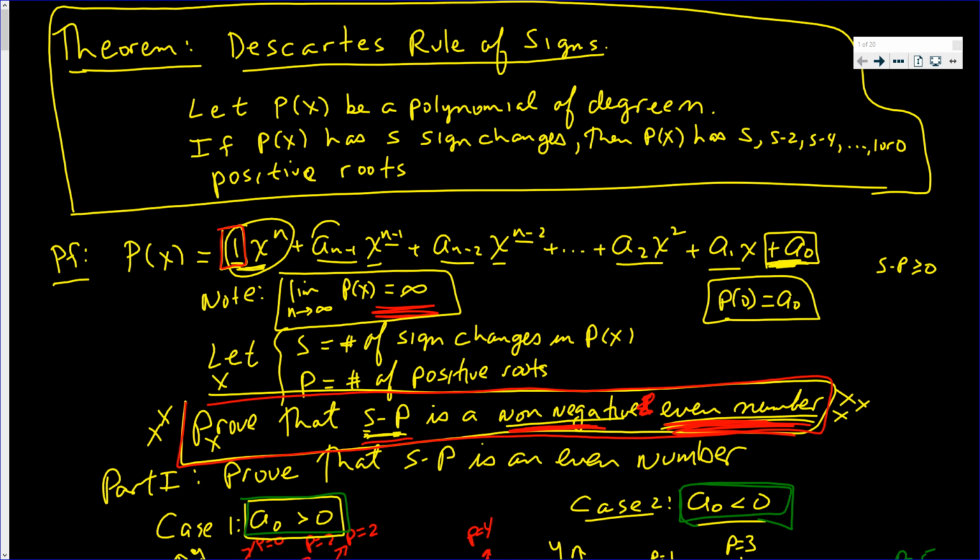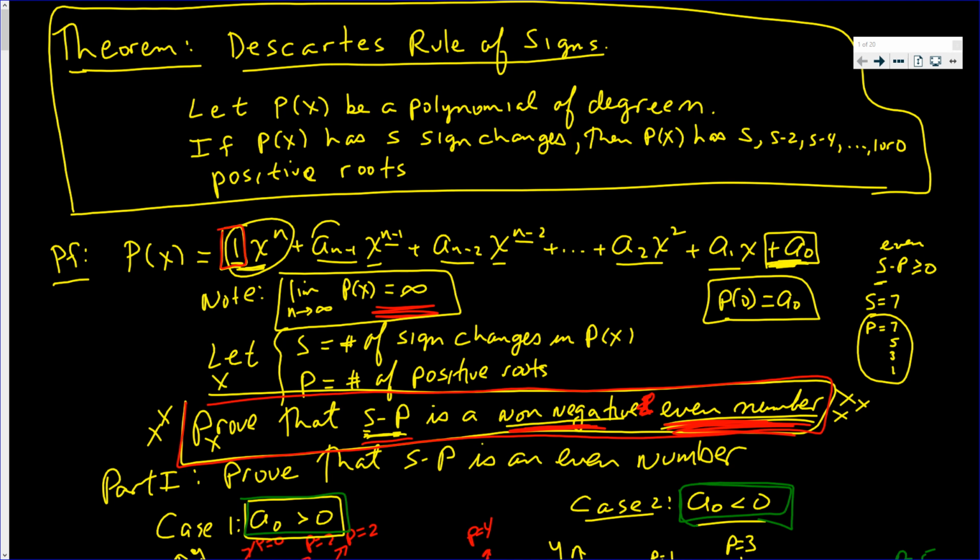And I also showed that it's even. So for the difference, if s is 7, that means that p can be 7 or 5 or 3 or 1, which is exactly what we want to show.